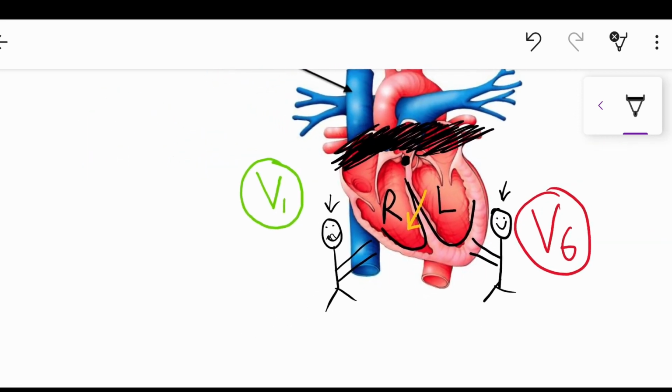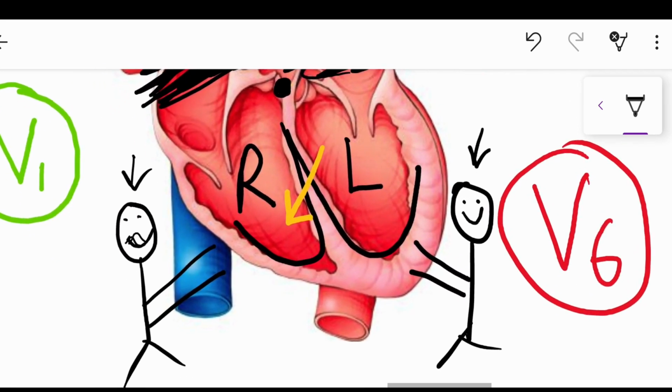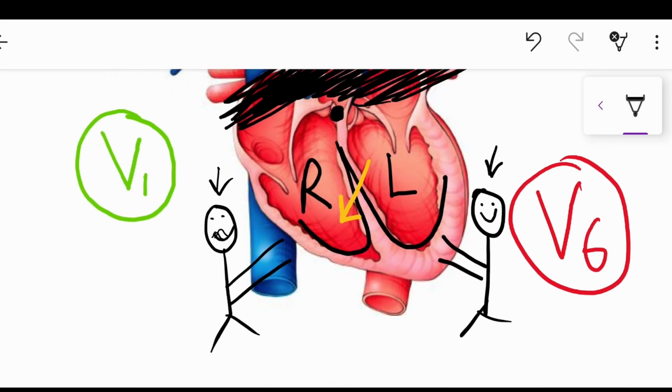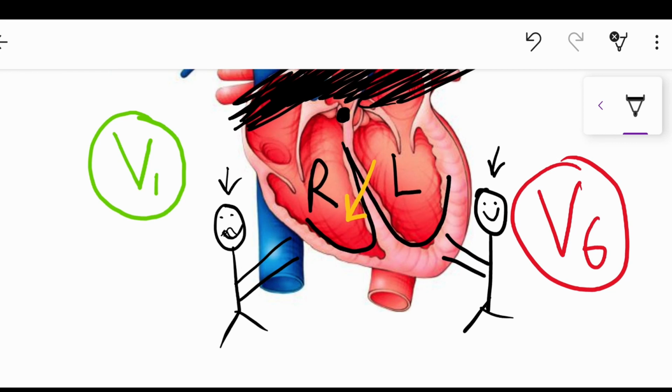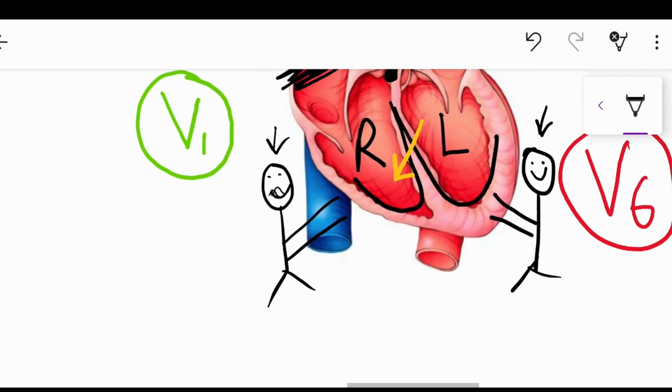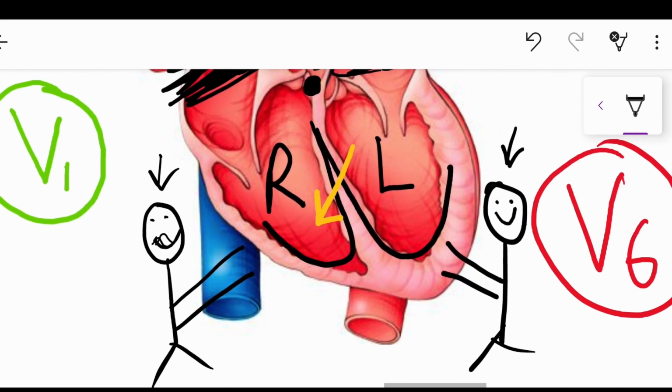Now, when you have a bundle branch block, one of the ventricles is not contracting, at least initially. So let's figure out why. Now, with the right bundle branch block, the septal depolarization is normal.